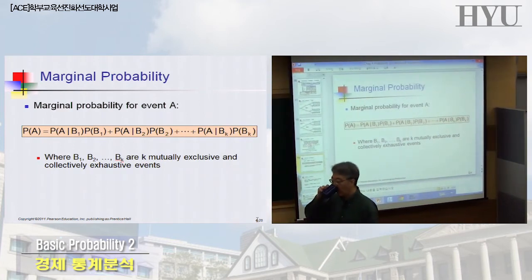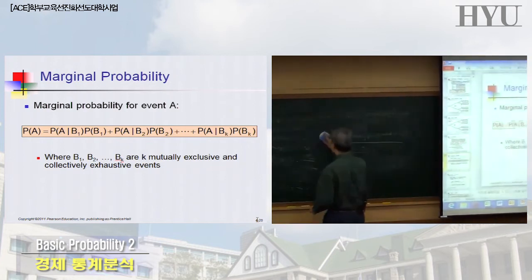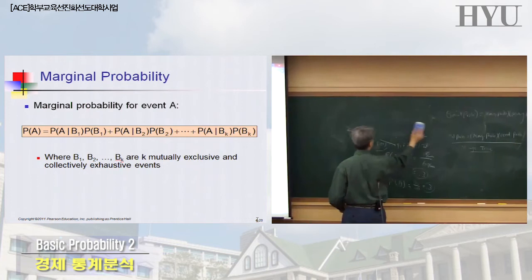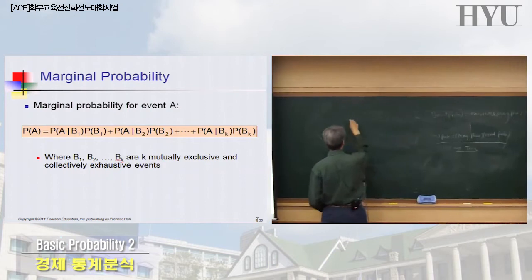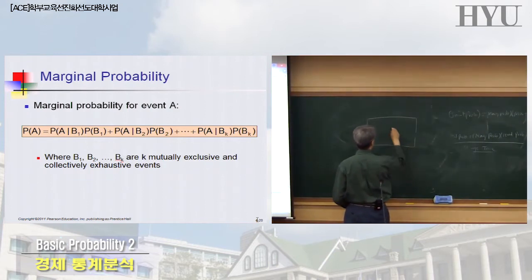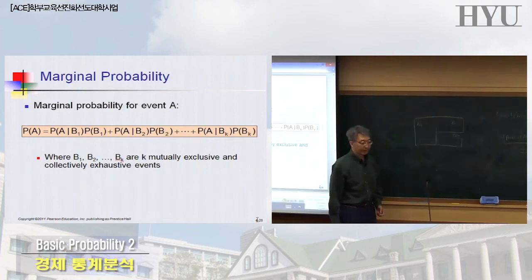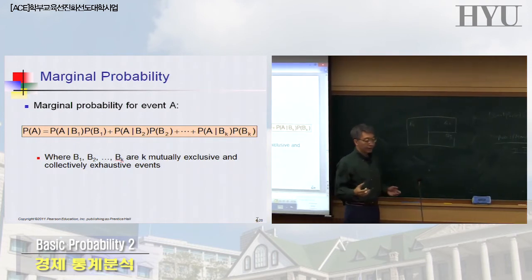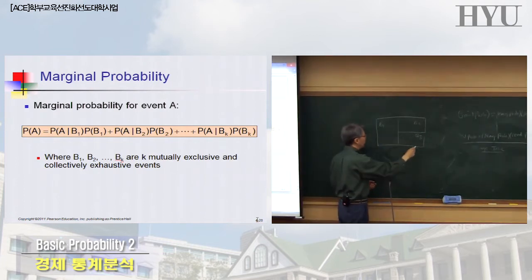Last class he illustrated this very well. If you have, say, B1, B2, B3, then these three events are mutually exclusive because there is no overlapping portion, and collectively exhaustive because these three events cover the entire sample space.